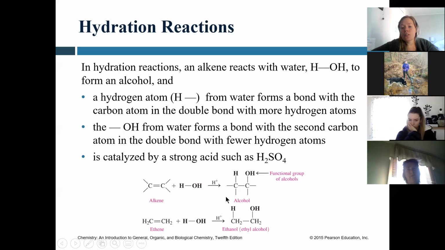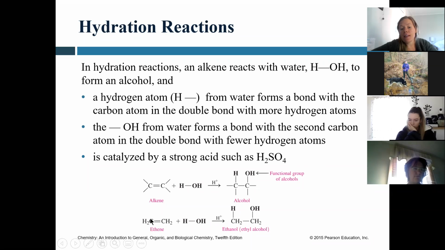So if this is the generic, right? How long this carbon chain could be, as long as you want, or as long as the problem gives it to you. But the important thing is that in a hydration situation, the double bond opens up, one gets an H, one gets an OH. So our alkene turns into what we call an alcohol.